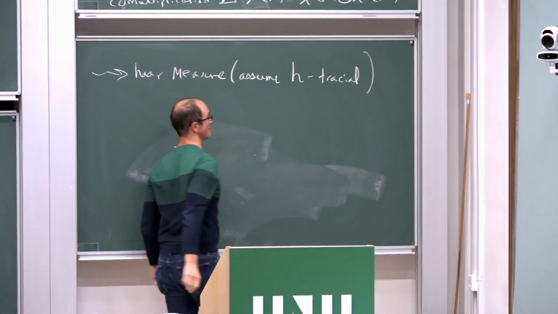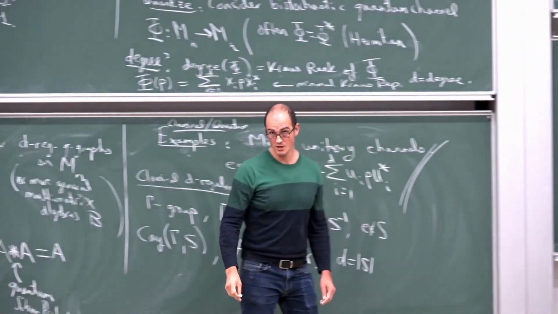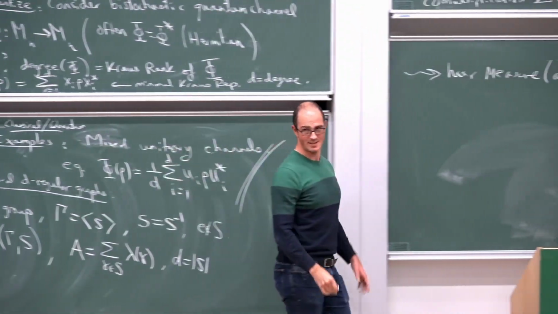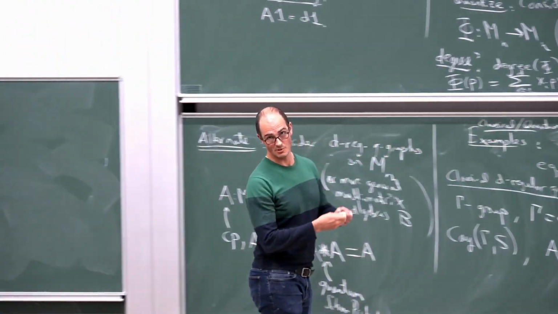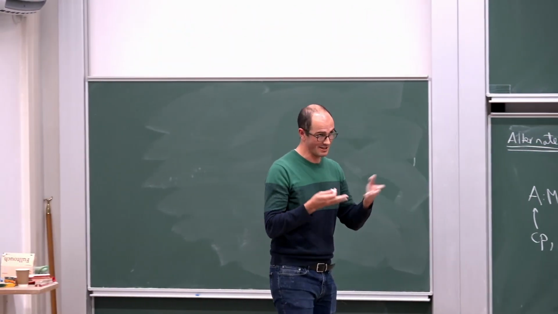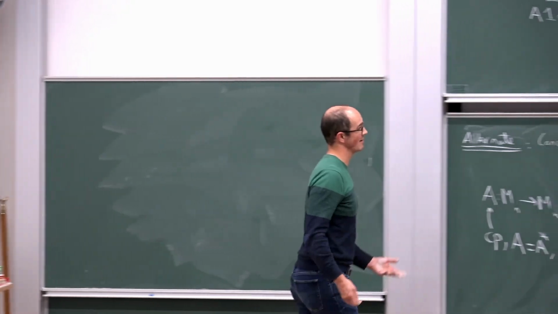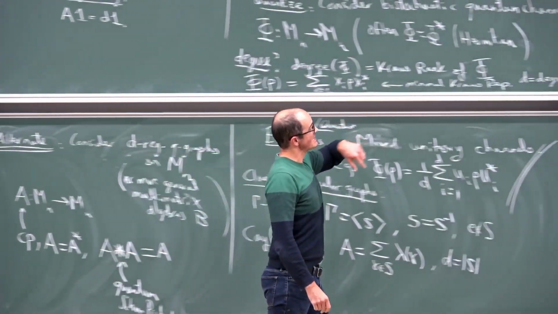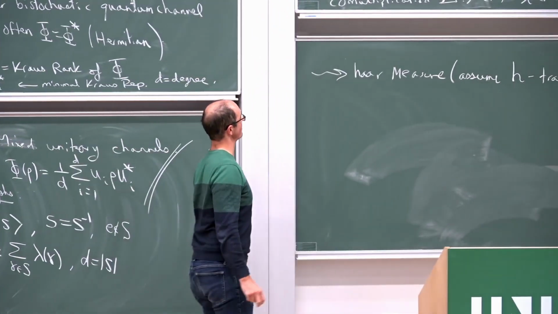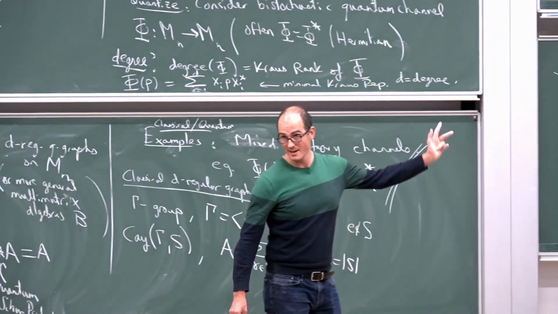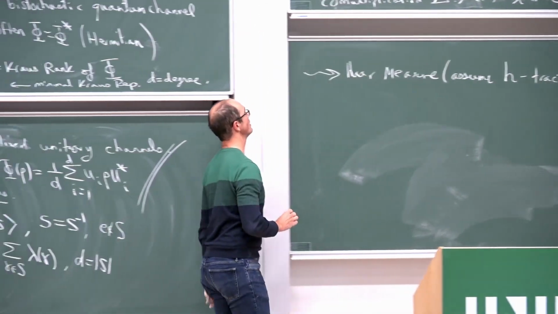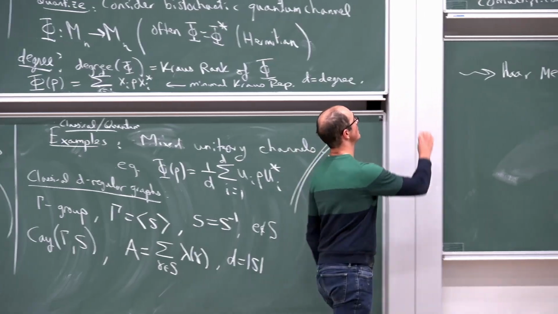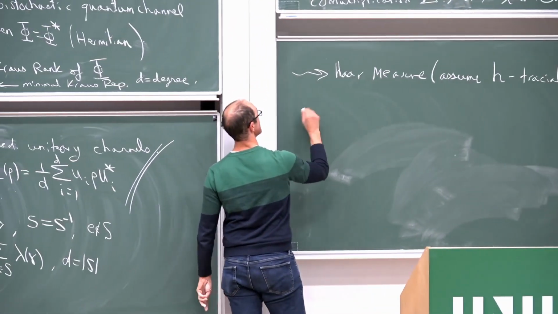So this is the context of unimodular discrete quantum groups, which is kind of a surprising thing if you've never seen discrete quantum groups before. For discrete groups, of course, the Haar measure is canonically just the counting measure, which is obviously tracial. In this case, you can have non-tracial things, but for the applications I want to consider, the ones with tracial Haar measure are the ones of interest anyway.